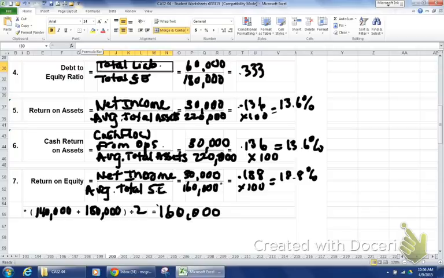Our return on equity is 18.8, and our return on assets is 13.6. And what this 18.8 is telling us is that basically our company earned 18.8% or 18.8 cents for every dollar of equity that the stockholders invested. And again, if I'm a stockholder in this particular company, I want this number to be higher. So this is a good thing.